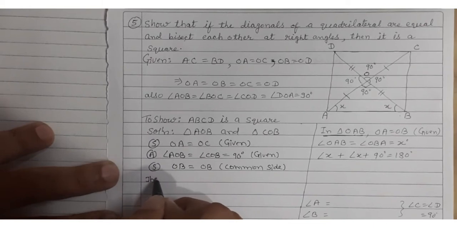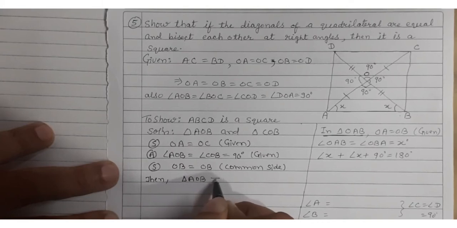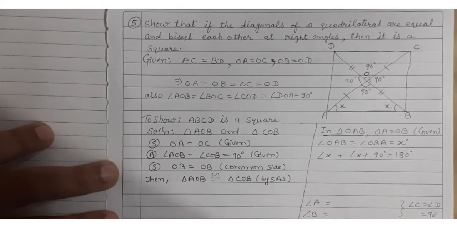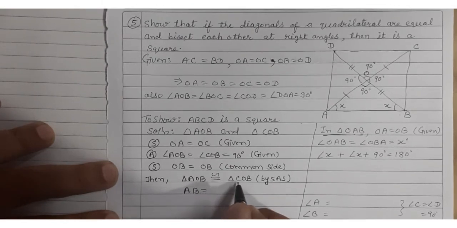Then what we can say, triangle AOB is congruent to triangle COB by SAS rule. Okay, these both are congruent. Then what we can say, AB is equal to CB by CPCT.